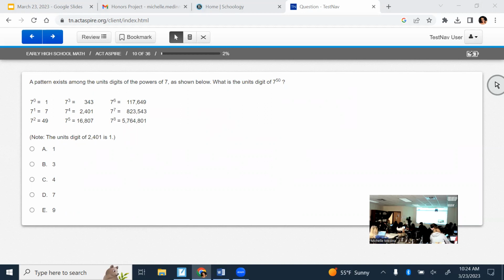So let me remind myself, it says that there's a pattern. So it's asking what is the units digit of 7 to the power of 50? Can we see what the pattern is, anyone, by chance?